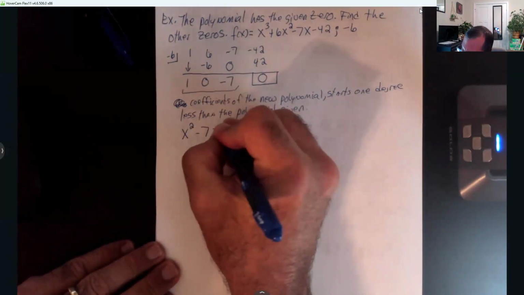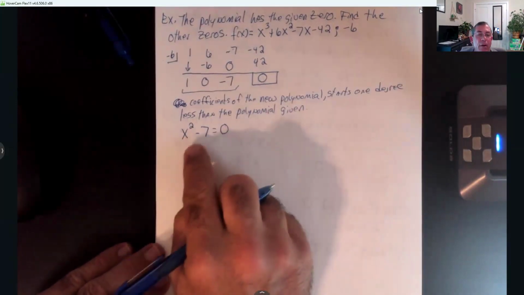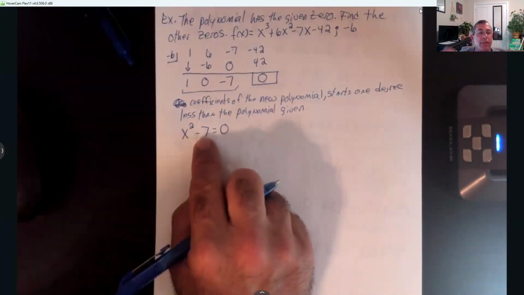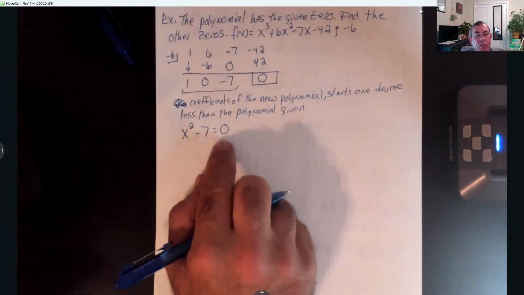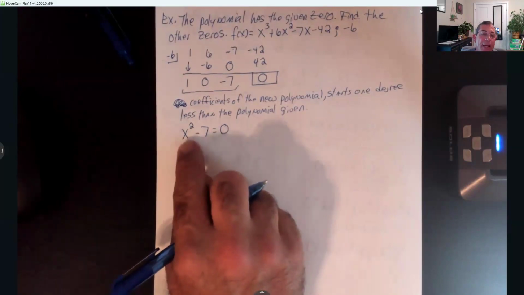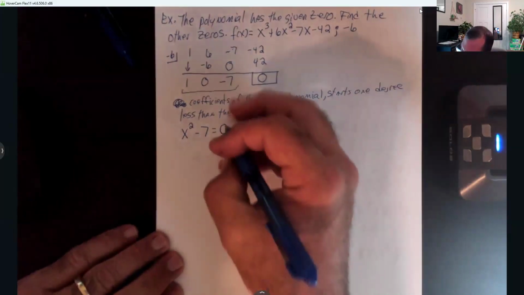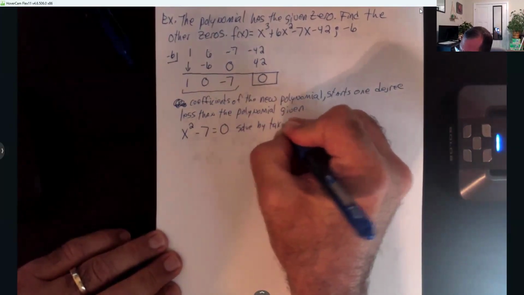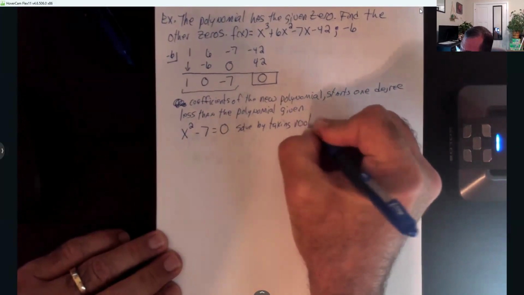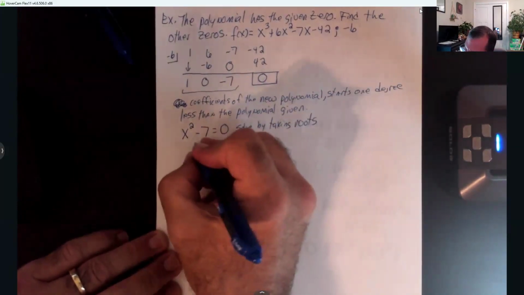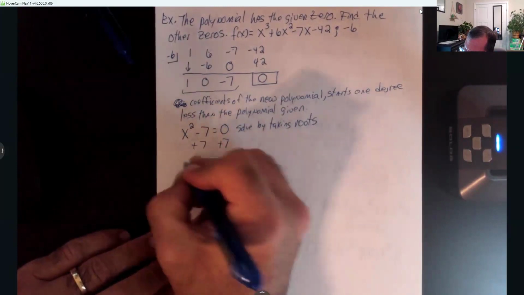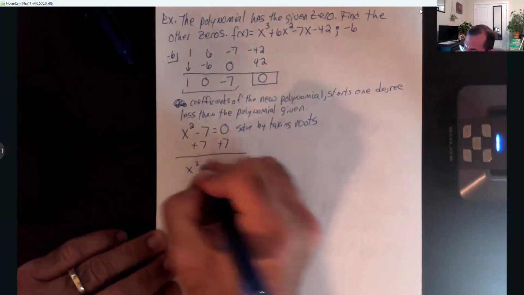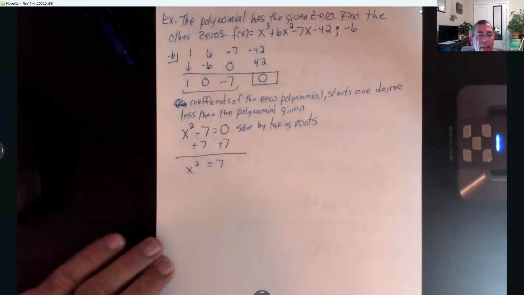So y'all, I'm going to set this equal to 0, and we can solve this really quick by doing square roots to it, okay? So if you got an x squared and a number, I'm just going to solve by taking square roots. So add 7 to both sides. We get x squared equals 7.